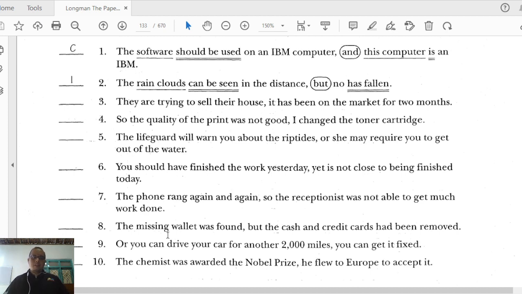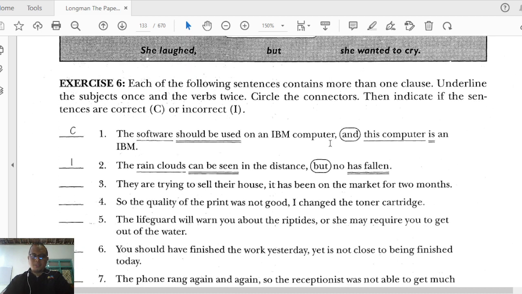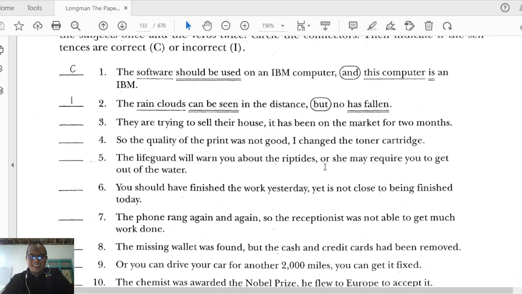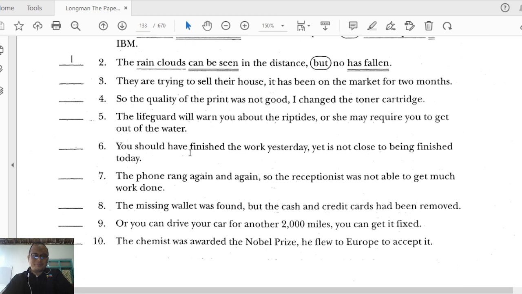The lifeguard will warn you about the riptide, or ada kata or, it's already here. Or she may require you to get out of the water. Yes. Is it correct? It's correct, yeah. Oh, ini ada kata sambungnya ada ya.